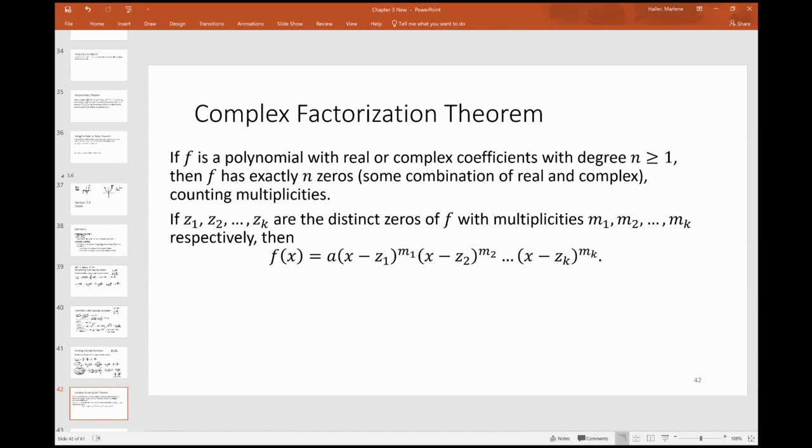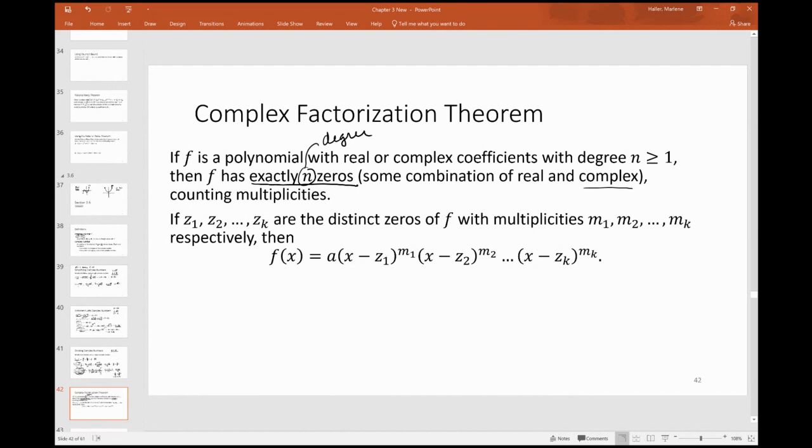We're going to say that a polynomial has exactly n zeros, where n is the degree of the polynomial. So it has exactly the same number of zeros as the degree of the polynomial, but some of those might be complex, or all of them might be complex.